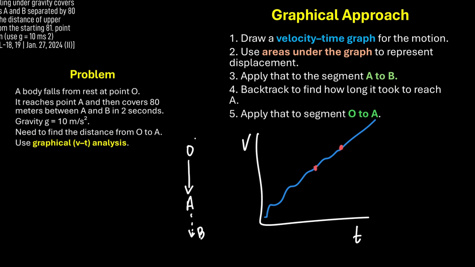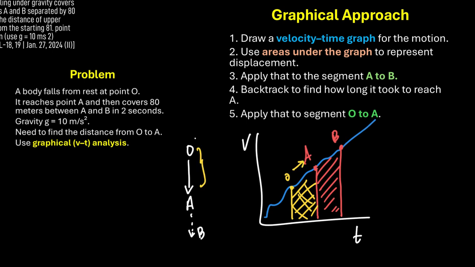We will find the area under this curve from A to B, and then we will backtrack that data to O, and then area under O to A will give you the displacement along the motion O to A, which is what we've been asked to find out, the distance from O to A.